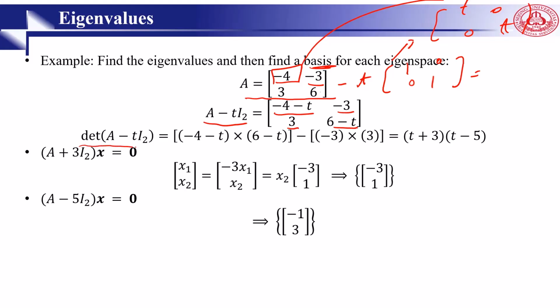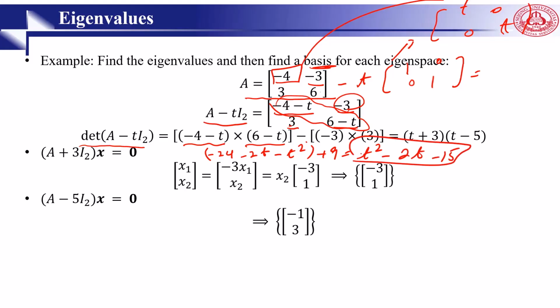So the determinant of A minus TI is (4 minus T) multiplied by (6 minus T) minus (minus 3)(3). This can be simplified to minus 24 minus 2T minus T square plus 9, which is equal to T square minus 2T minus 15. And this can be written as (T plus 3)(T minus 5), which gives us the same, T square minus 2T minus 15.